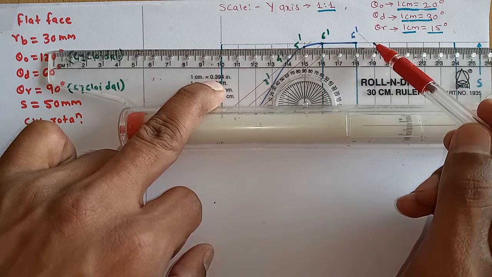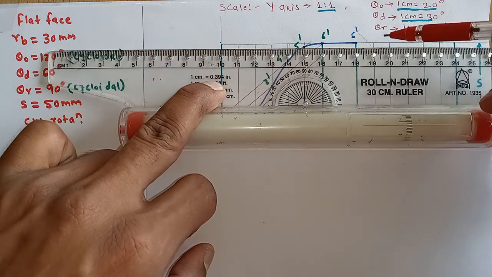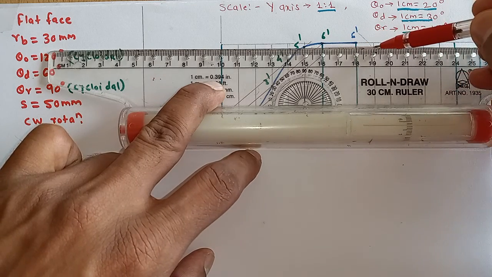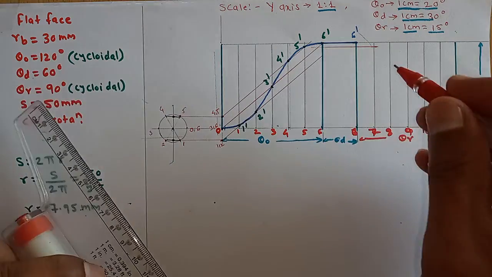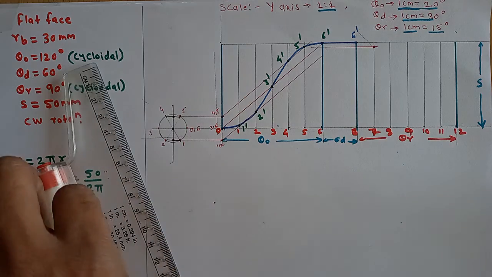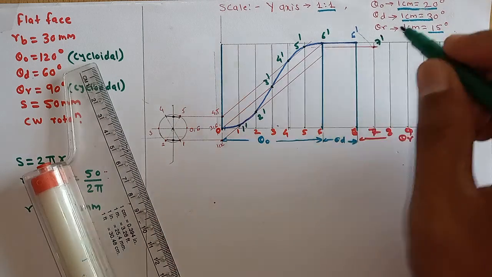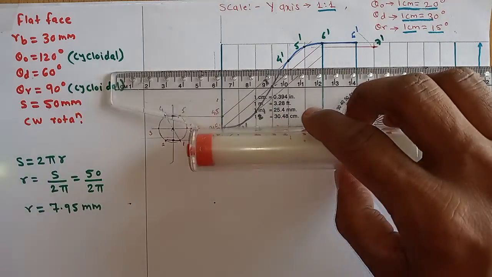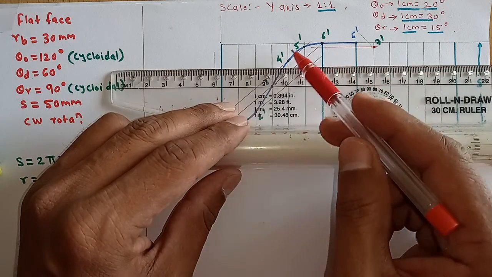So this is 6 dash, 6 dash, next will be 7 dash. So this will intersect the division line number 7 at 7 dash. So 6, 7, 8.